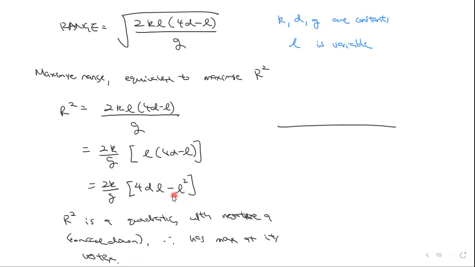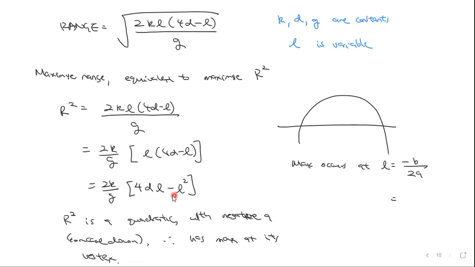So you know it's going to look something like this. You could use calculus to do it, you could use completing the square to do it, you could use all sorts of ways to do it, but you should know from theory that the max occurs at L, being our x value here, equals negative b over 2a.